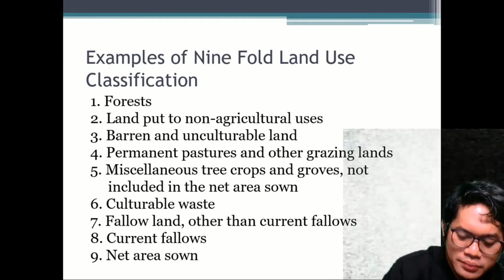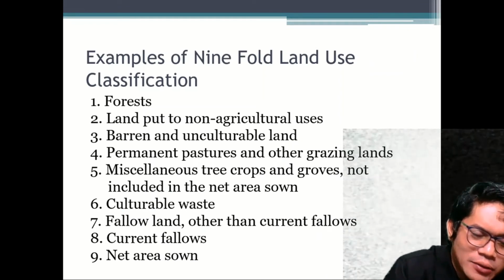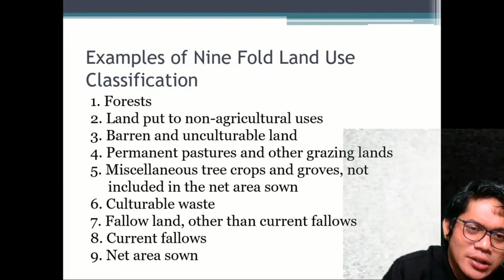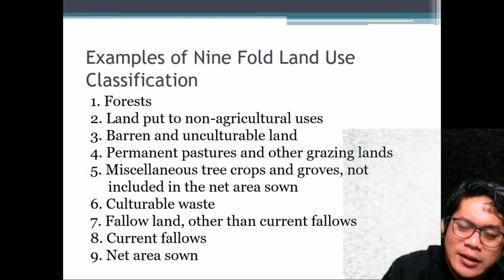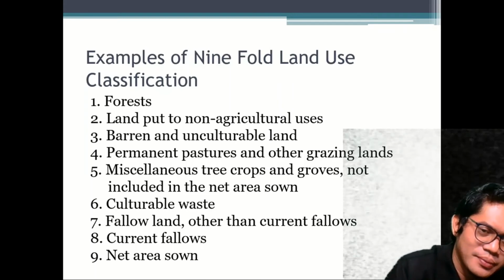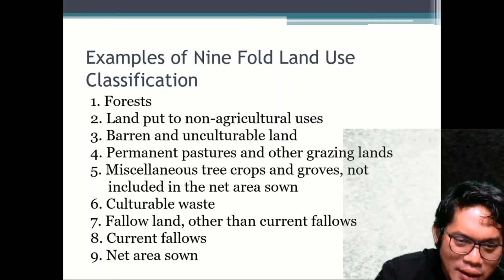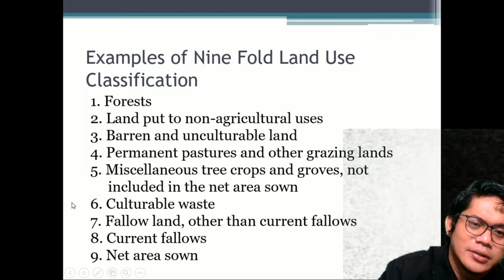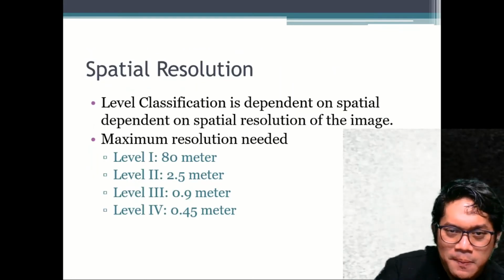After we do the classification and image interpretation, we can classify it based on this ninefold land use classification. However, in Malaysia, we don't have certain aspects, but we can still use it.